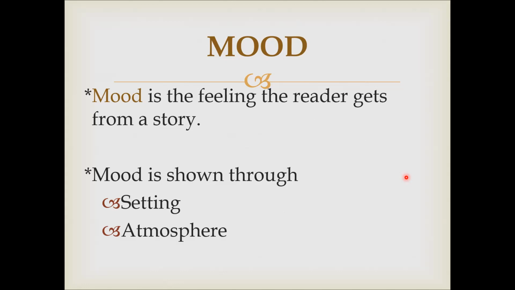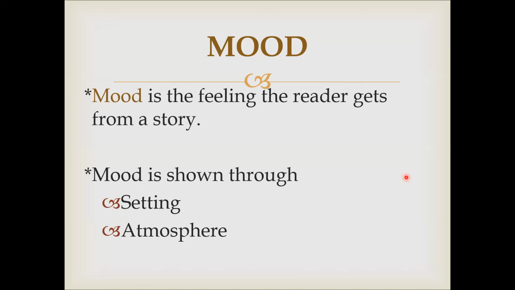Very good. Nevaeh Wallace. Can you read the definition of mood? Mood is the feeling the reader gets from a story. Mood is shown through setting and atmosphere. So what are two ways that the mood is shown? Setting and atmosphere.